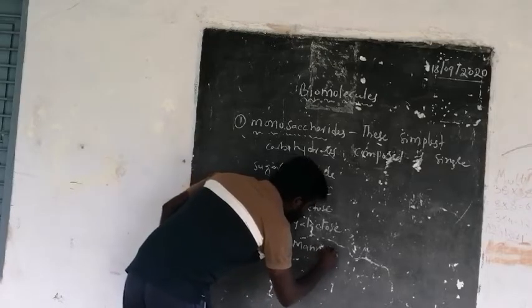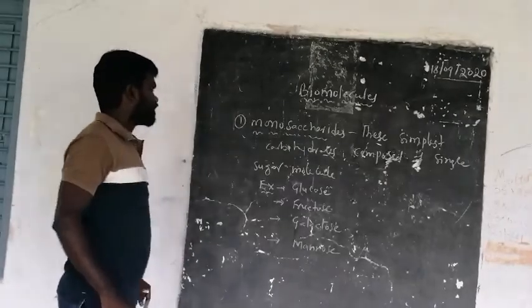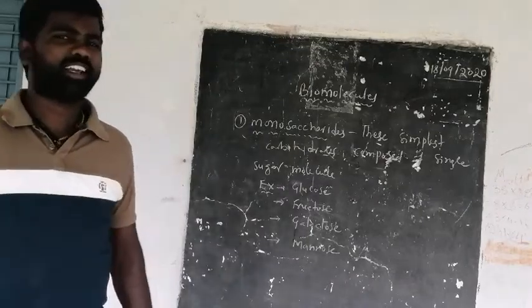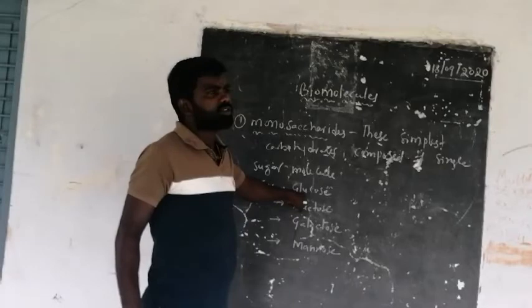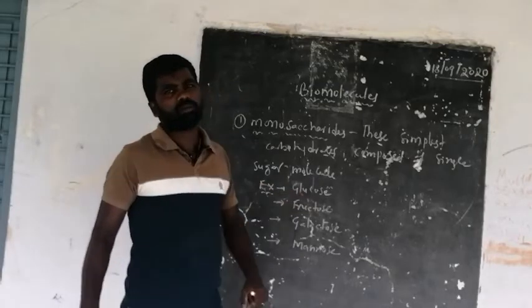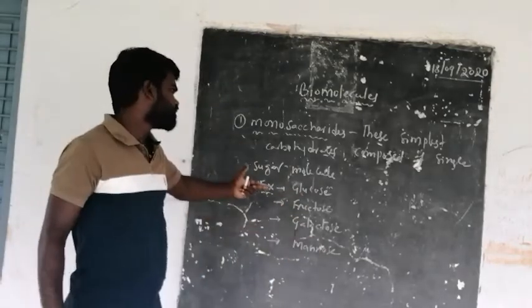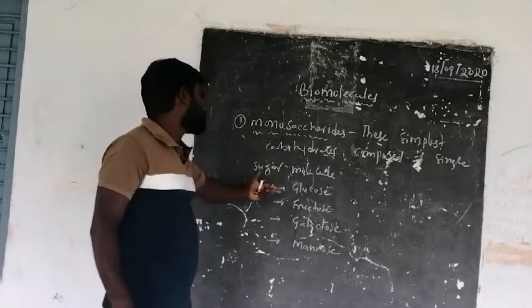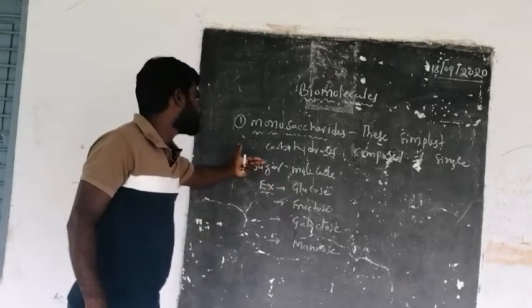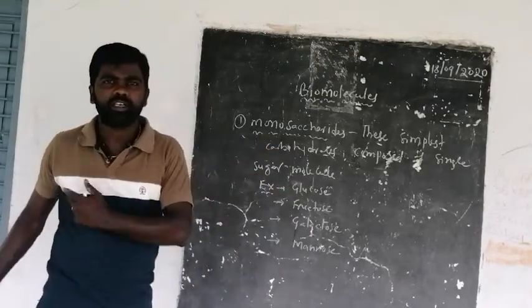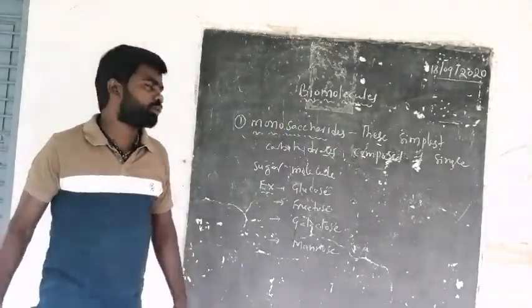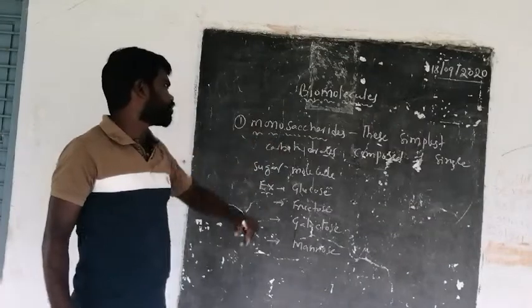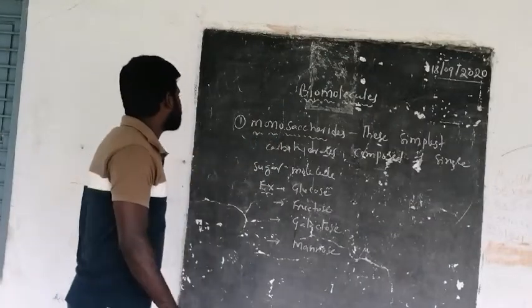These are the examples of monosaccharides. Glucose has a single sugar, and its formula is C6H12O6. These sugars are called monosaccharides, and they are all made up of a single sugar molecule. And this is about the monosaccharides.